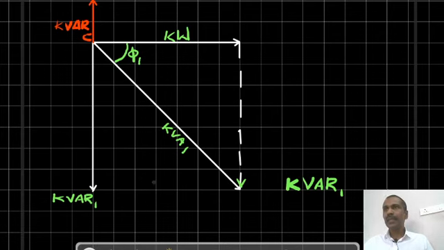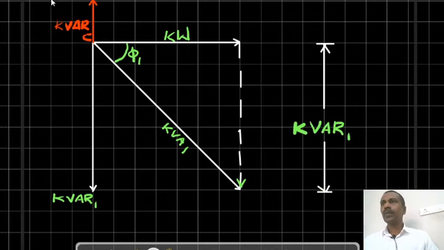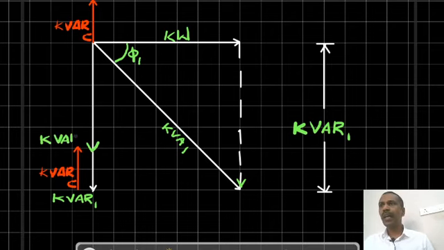What is the resultant reactive power required by the load now? This is the reactive power supplied by the capacitor bank. This is opposite to the reactive power drawn by the inductive load. Now the resultant reactive power required by the inductive load will be this much. So this is kVAR2.